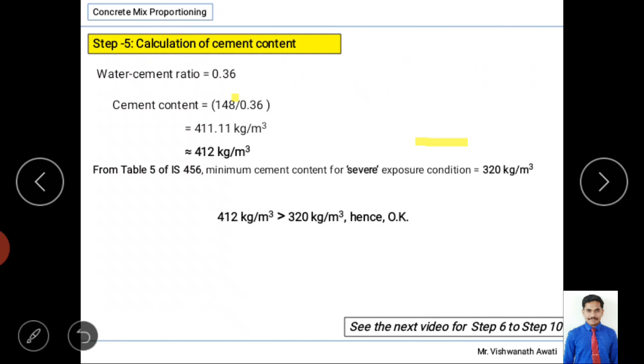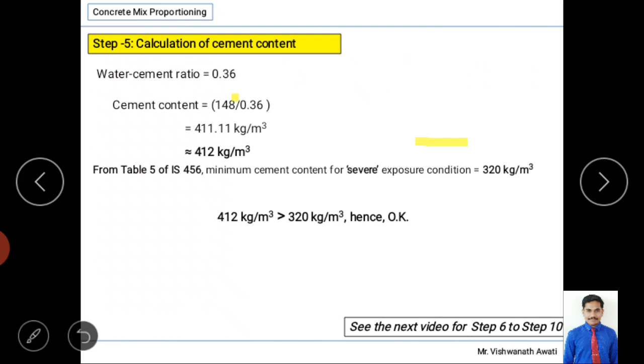From Table 1 we get the x value, and from Table 2 we get the standard deviation values, and if you substitute those values in the equation we get the target strength. In this problem we got the target strength f'ck as 48.25 Newton per mm square.